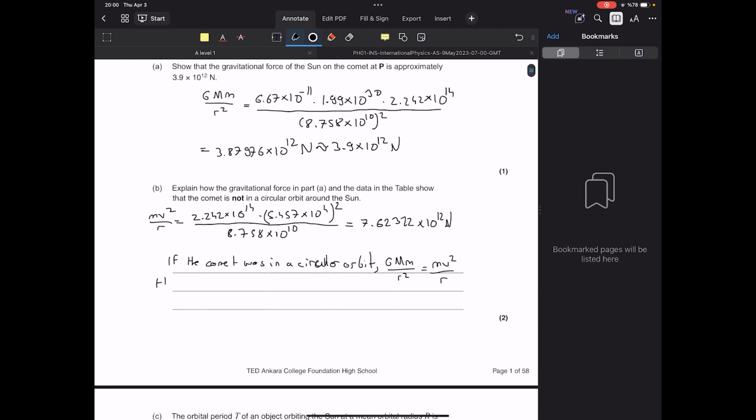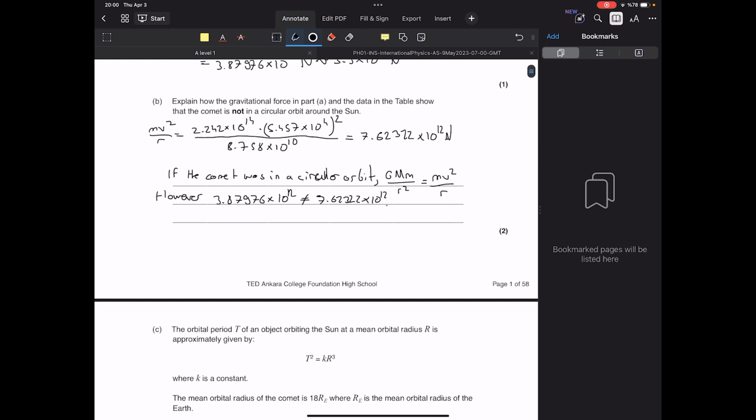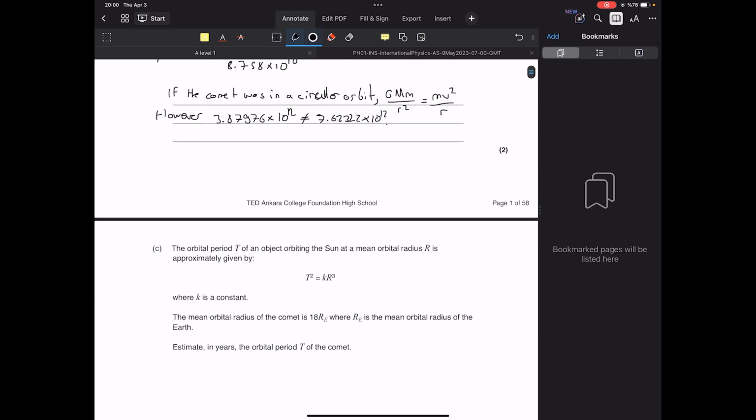However, this means this is not equal to this force. 3.8796 times 10 to the 12 is not equal to 7.62322 times 10 to the 12 newtons. This shows us that the comet is indeed not in circular orbit.